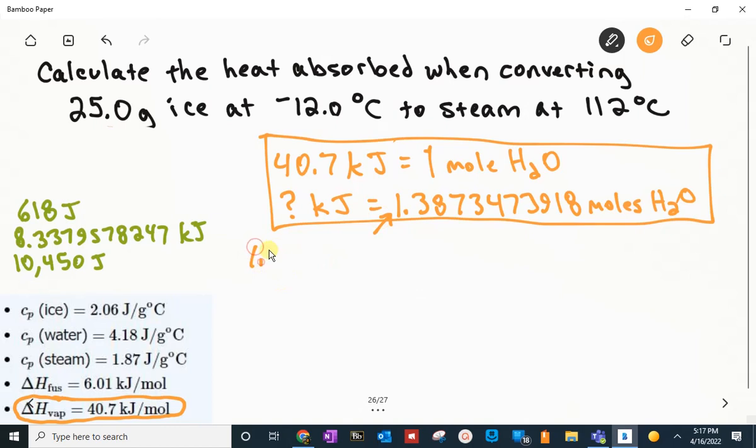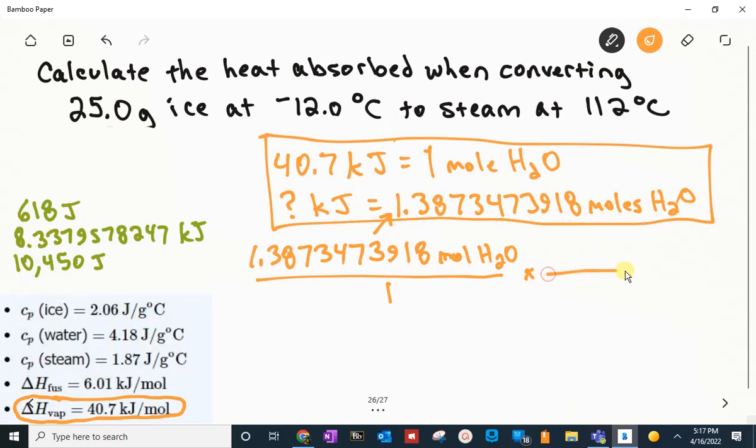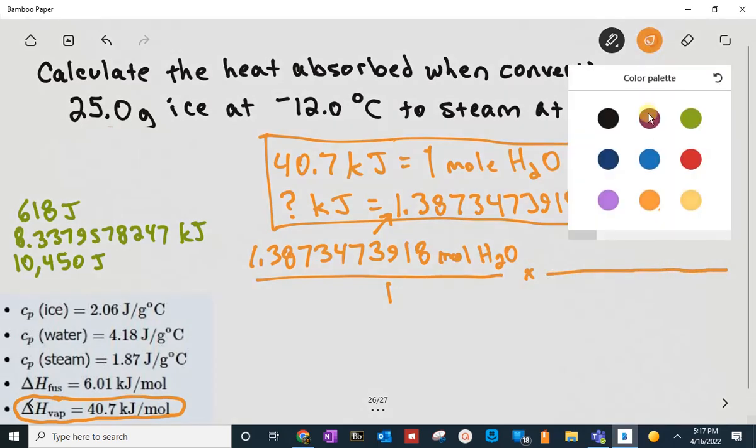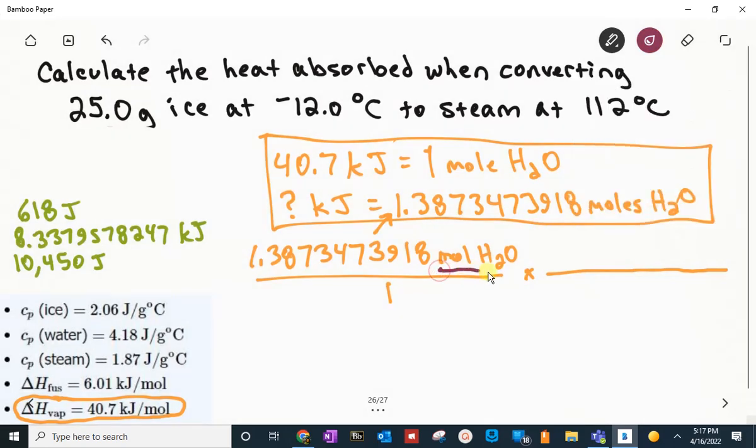So we have 1.38734739118 moles of H2O, and we put that over 1, and we do a multiply sign and a fraction bar. These moles of H2O we repeat on the bottom.